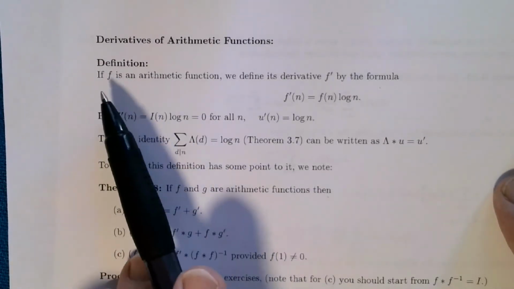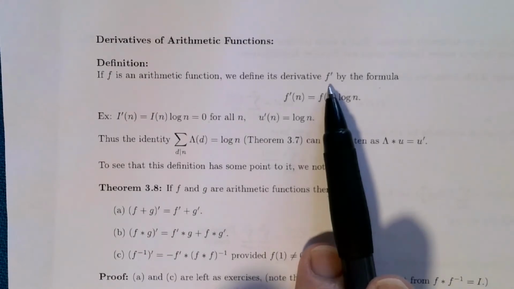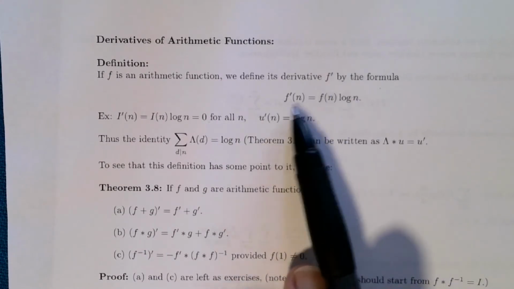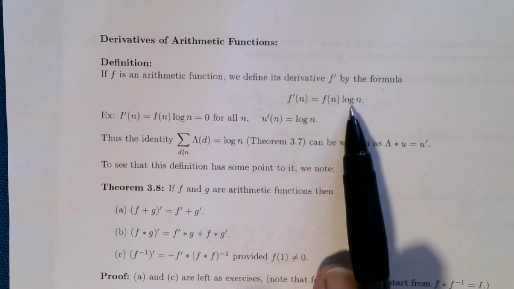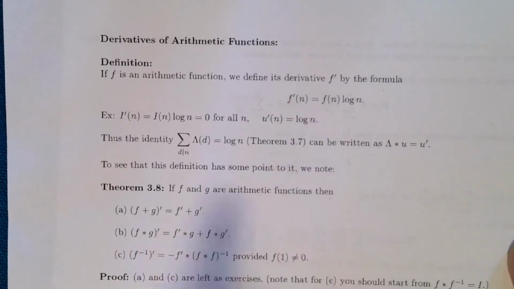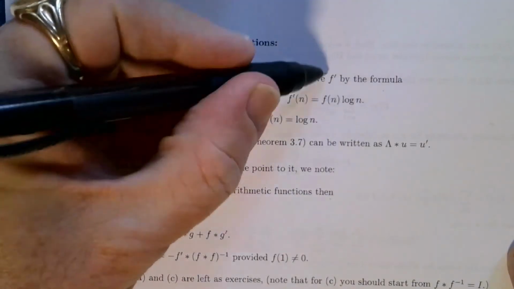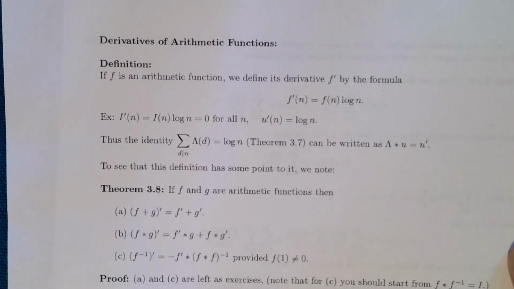So if I have an arithmetic function, I'm going to define its derivative by this formula. To get the derivative of an arithmetic function, you just multiply it by log n. And that's the definition of this funny derivative. Perhaps I should put it in inverted commas here. It's not like the usual calculus derivative. The derivative of an arithmetic function, you just multiply it by log n.